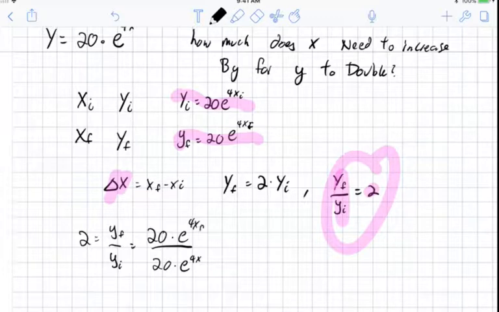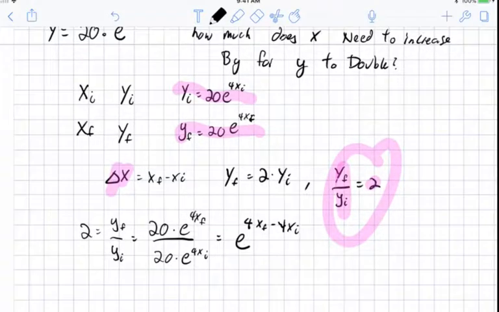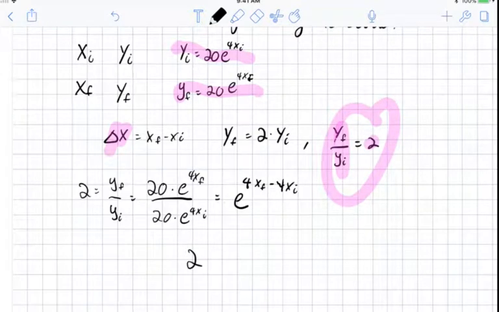The 20s cancel out, and this becomes e to the 4 x final minus 4 x initial. So 2 is equal to e to the 4 times (x final minus x initial), which is the change in x.